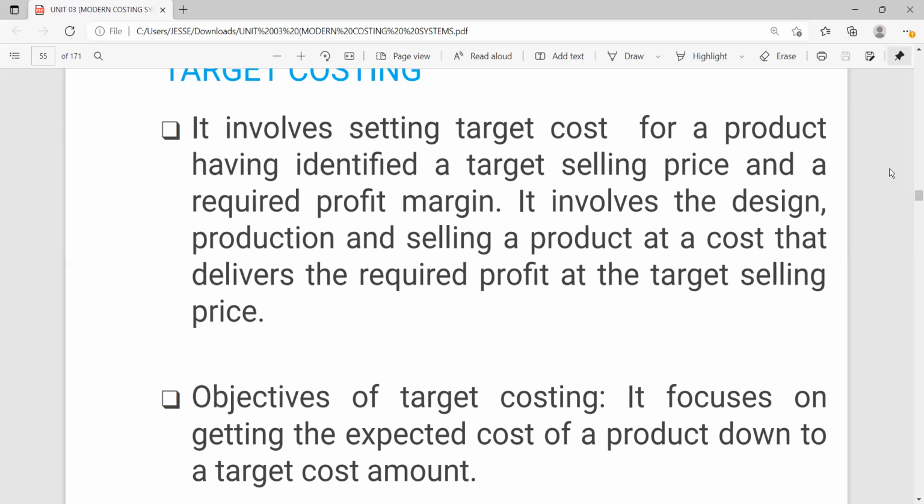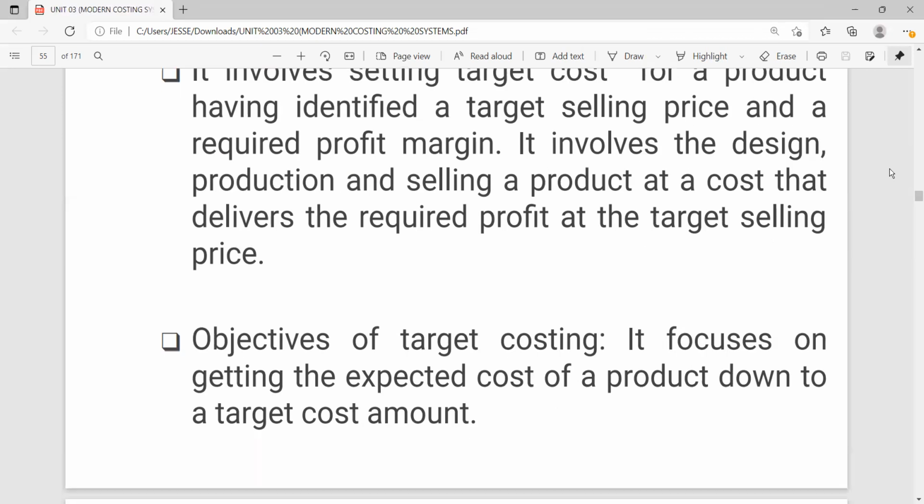So in producing the shoe or the product, you must have in mind that you must produce the shoe in such a way that it's up to $7. Otherwise, you will not be able to meet your required profit margin. So it's a very, very intricate way of managing your costs so that you can get your required profit at the targeted selling price, basically.